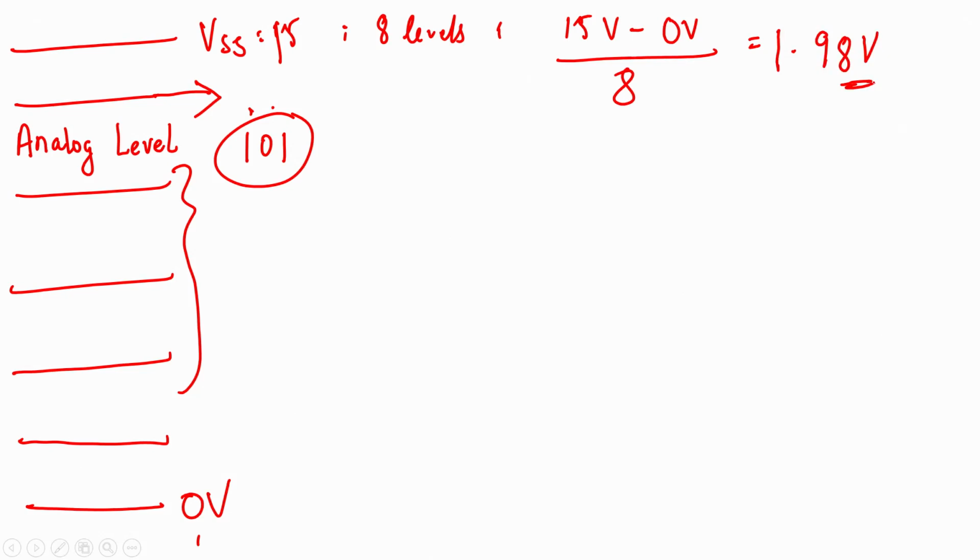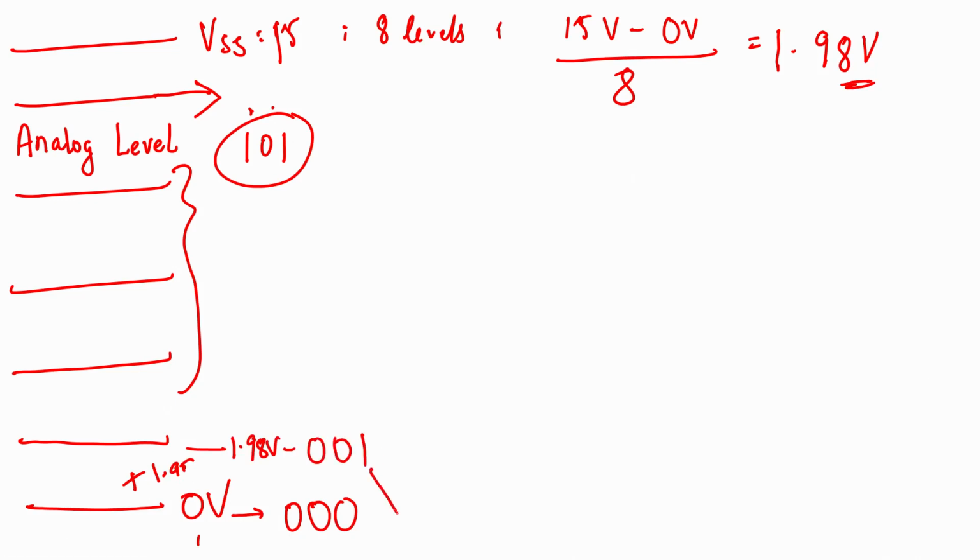So your base 0 volt will be your first digital representation 0 0 0, and your next one will be plus 1.98 volt. So 1.98 volt would be 0 0 1.